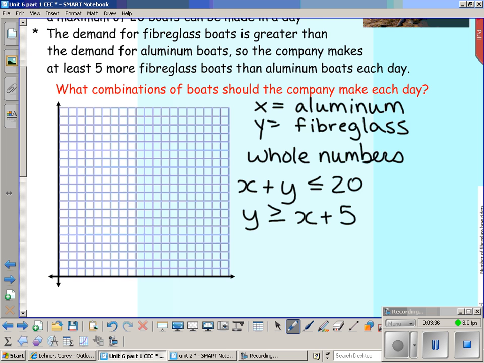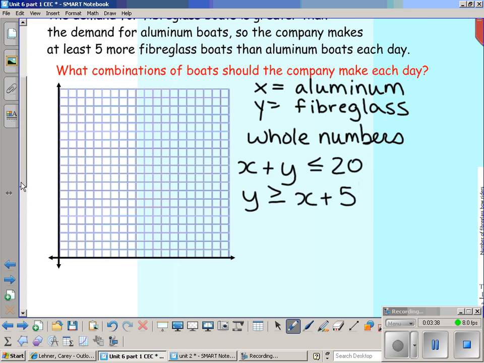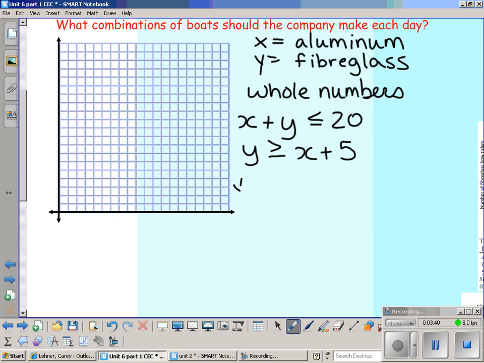So if we start with our first one, the X plus Y less than or equal to 20. Now in these cases here, when we are dealing with discrete data, it may or may not be worth putting into slope-intercept form. At this point, because 20 is going to be our largest value, if you want to have a grid that's got a total of 20 in your X and your Y, that is fine.